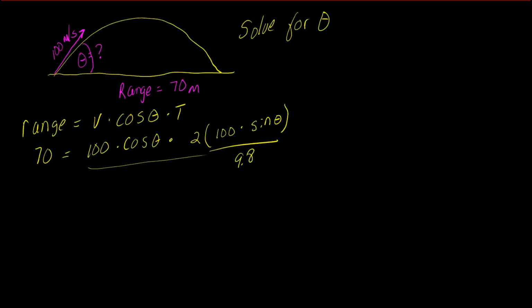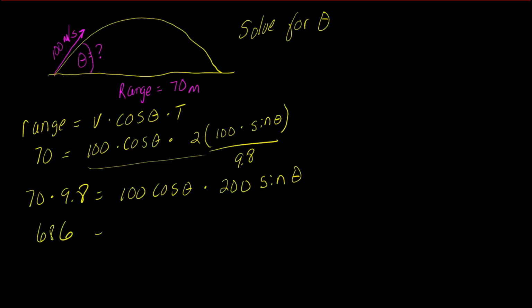Okay, let's cross multiply by 9.8. So I have 70 times 9.8 is equal to 100 cosine theta times 200 sine theta. So this is equal to 686 is equal to 100 cosine theta times 200 sine theta.